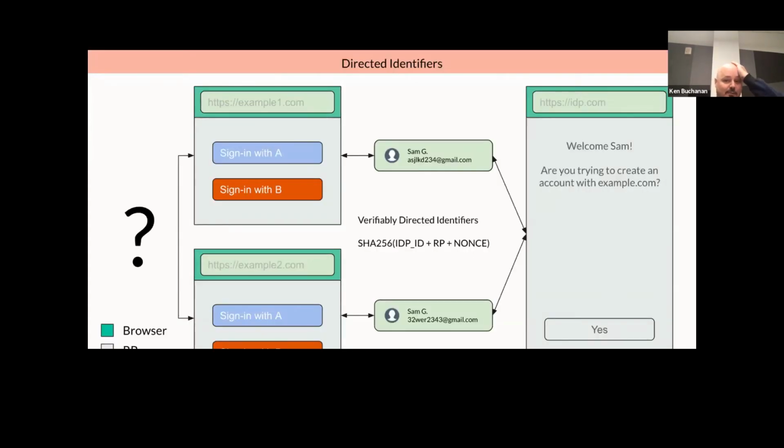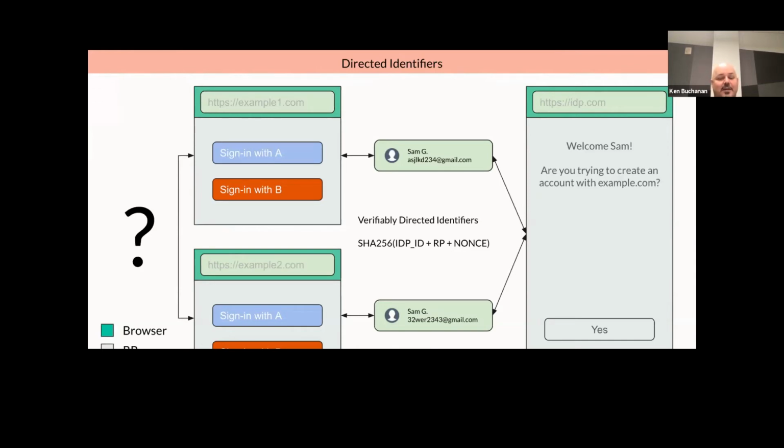One thing that's a little bit separate, orthogonal to some of the other stuff we're going to talk about, is this notion of directed identifiers, which tries to solve the problem I talked about, where RPs can do a database join and correlate all the email addresses that they have to build a tracking profile. Something we would like to build in, and this exists in existing standards, at least the notion exists, although it's only used in fairly limited contexts as far as I know.